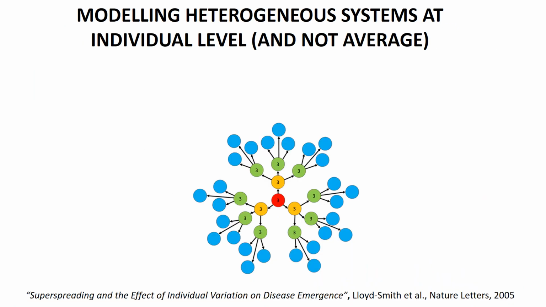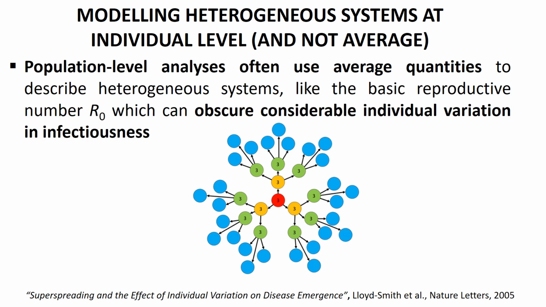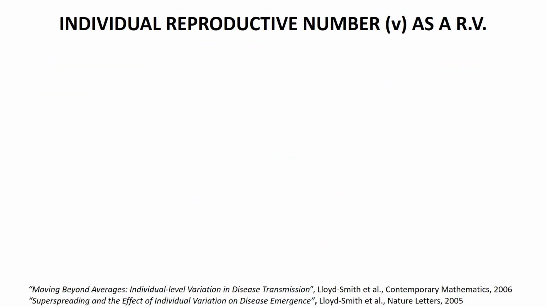So having defined those three distributions, let's remind ourselves what we're trying to do here. We're trying to go from having a common reproductive number to looking at individual reproductive numbers, because the common average reproductive number can obscure considerable individual variation in infectiousness.